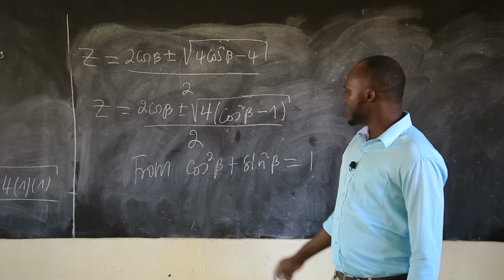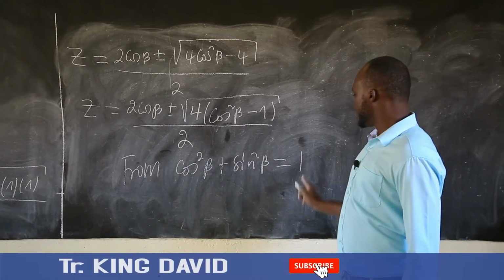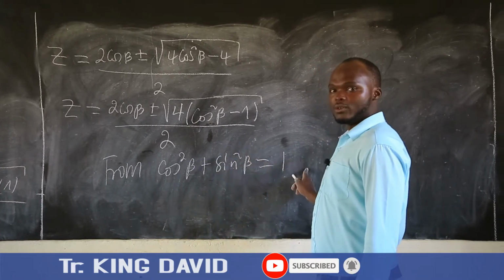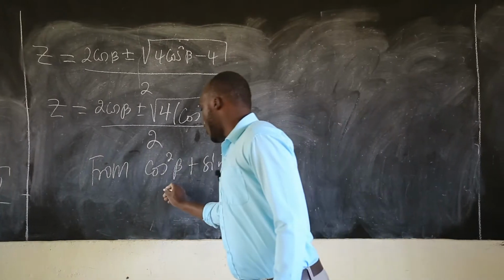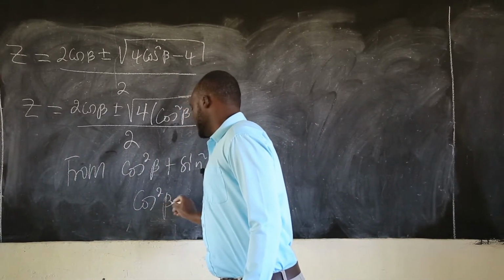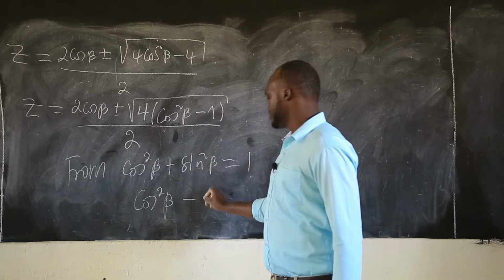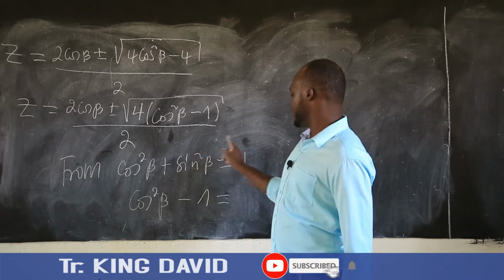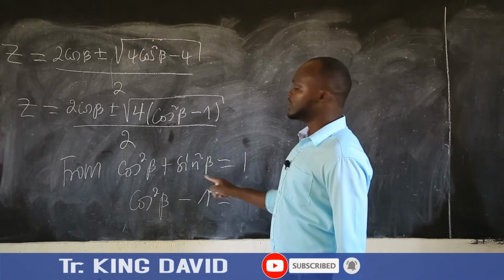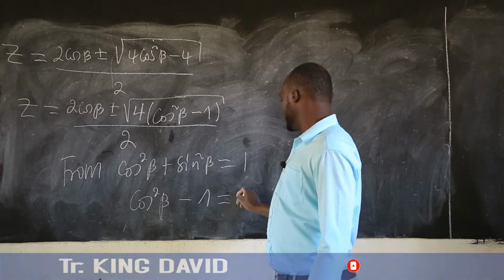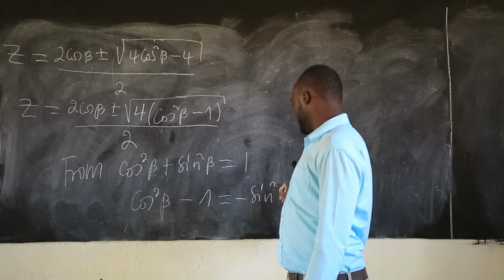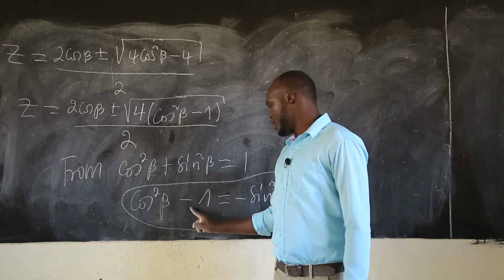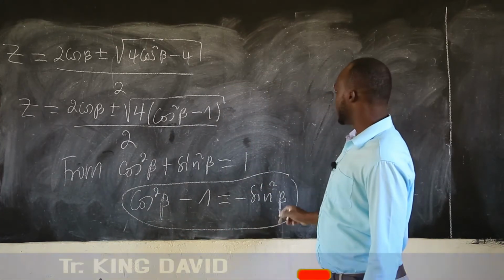I need cos squared beta minus 1, so I take sine squared to the other side, and it changes sign to become negative. So the value of cos squared beta minus 1 equals negative sine squared beta.